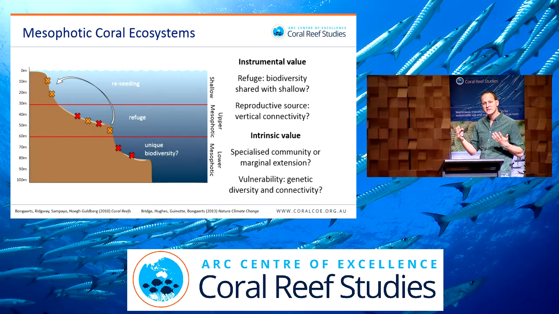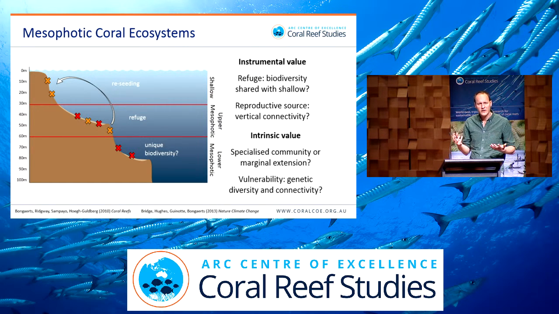And then for species that are shared, so depth generalist species, is there in fact vertical connectivity? Is there movement of larvae between deep and shallow reef areas? And then in terms of intrinsic value, I've obviously referred to some of this unique biodiversity, but how much unique biodiversity really is there?